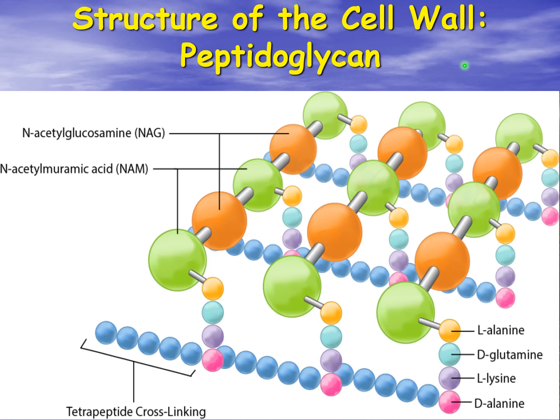So here's what we have. We have 2 sugars, N-acetylglucosamine called NAG and N-acetylmuramic acid called NAM, and they alternate. So we have NAM-NAG, NAM-NAG, NAM-NAG, and these form these long rod-shaped structures. And we lay down these rods next to each other, and we actually attach them together with these short little strands of peptides.